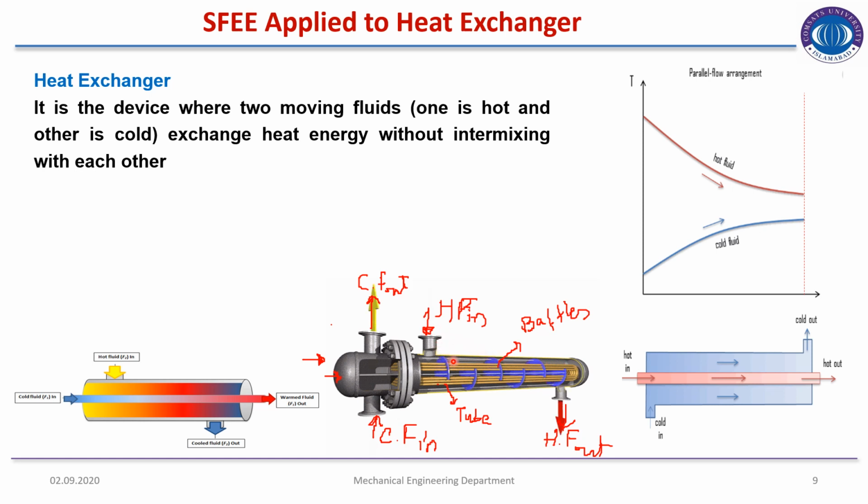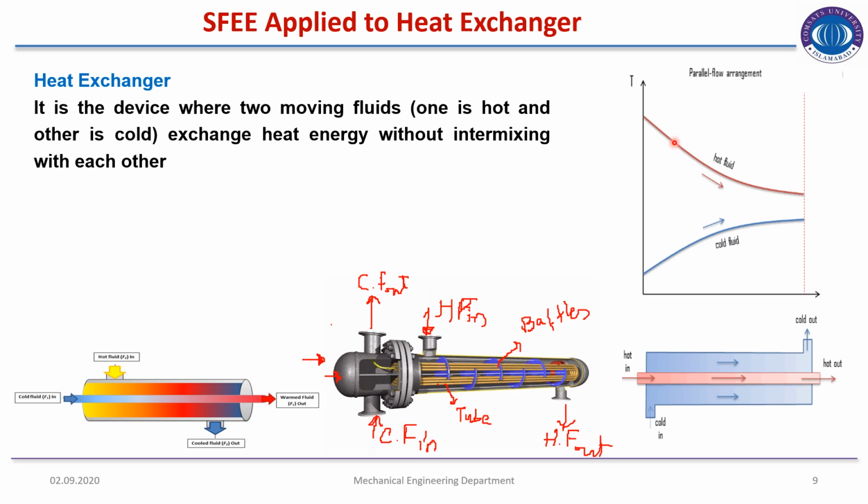The hot fluid is moving in the tubes, whereas the cold fluid is moving in the shell. Here blue is the cold fluid entering from the left side, and upon exchanging heat with the hot fluid, the temperature of the cold fluid is raised.